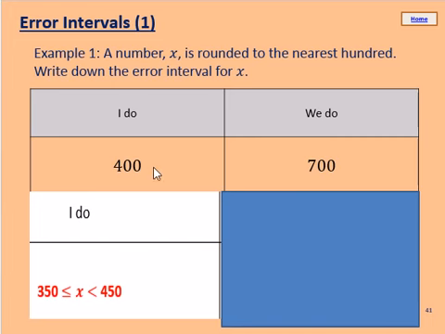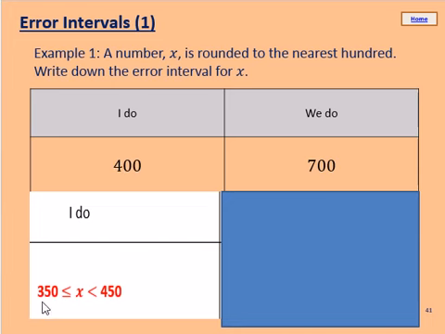And then on the high end of the scale, it couldn't have been 450 because that would round up to 500, but it could have been 449 or 449.999. That would still round down. So we're going to write this as an inequality, all the numbers that could have rounded to 400 to the nearest 100.